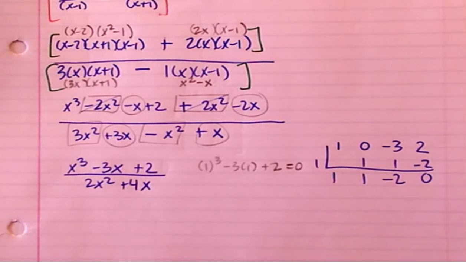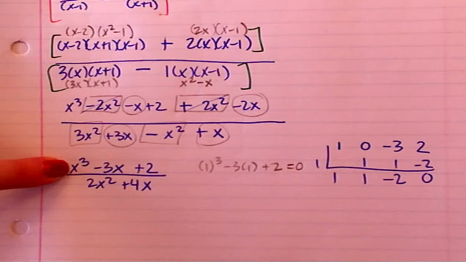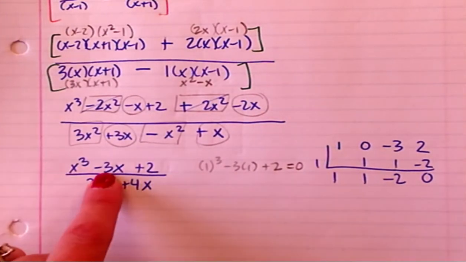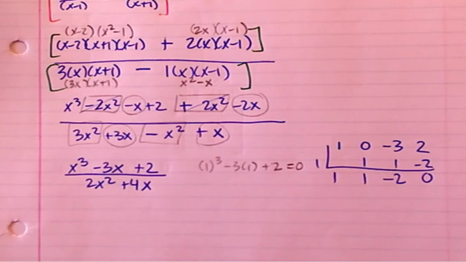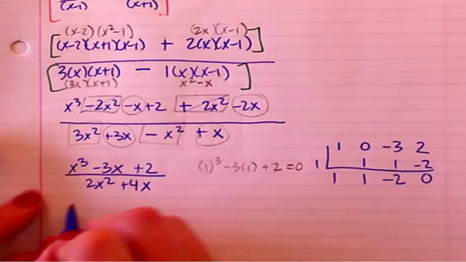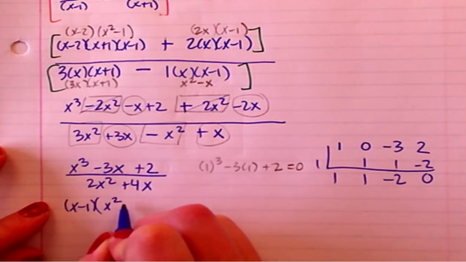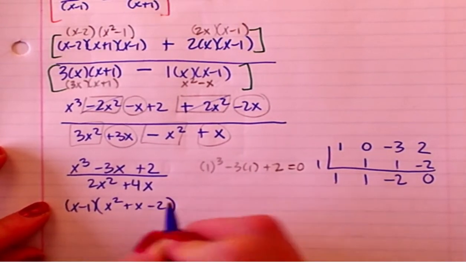There's only 4 choices, and so when I'm guessing, I always start with 1. And I noticed that, look, my coefficients 1 and 2 were opposite of that middle one. You're just looking at the coefficients to see if they add to 0. Okay, but I guessed. So let's factor this. X minus 1, x squared plus x minus 2.